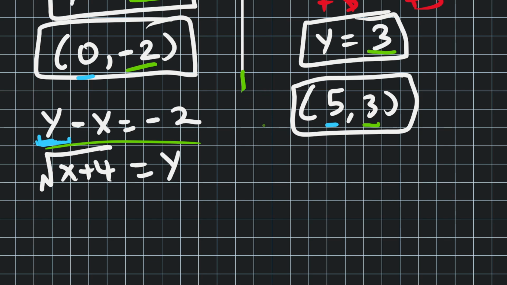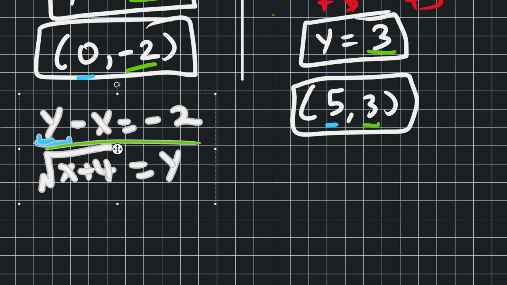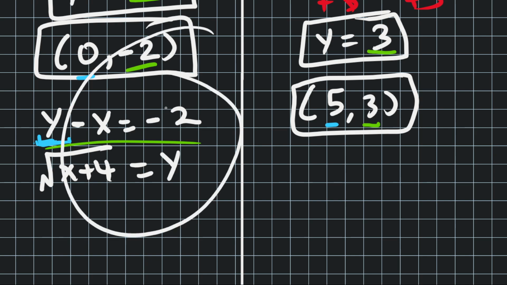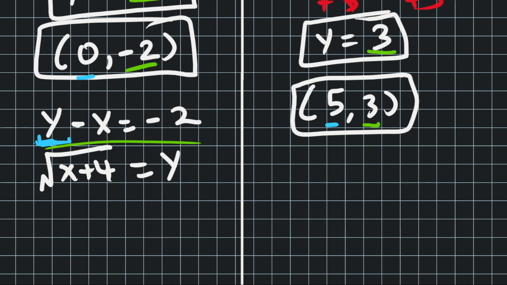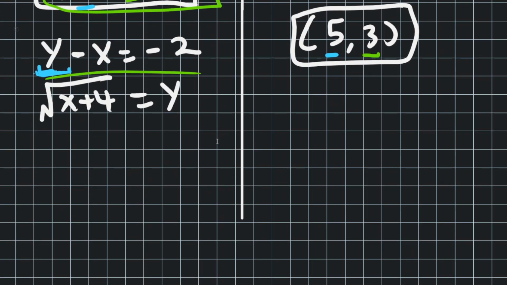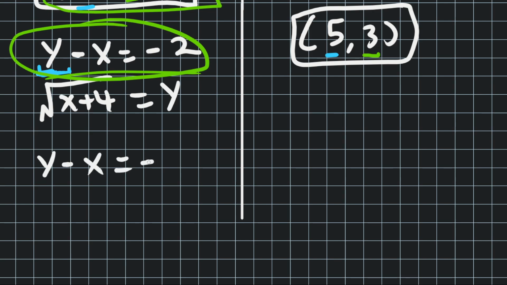And let's start with the left side. So what we're going to do, we have our solutions 0 and negative 2. X is 0 and y is negative 2. So let's first plug it into this first equation right here. Y minus x equals negative 2. What is y?